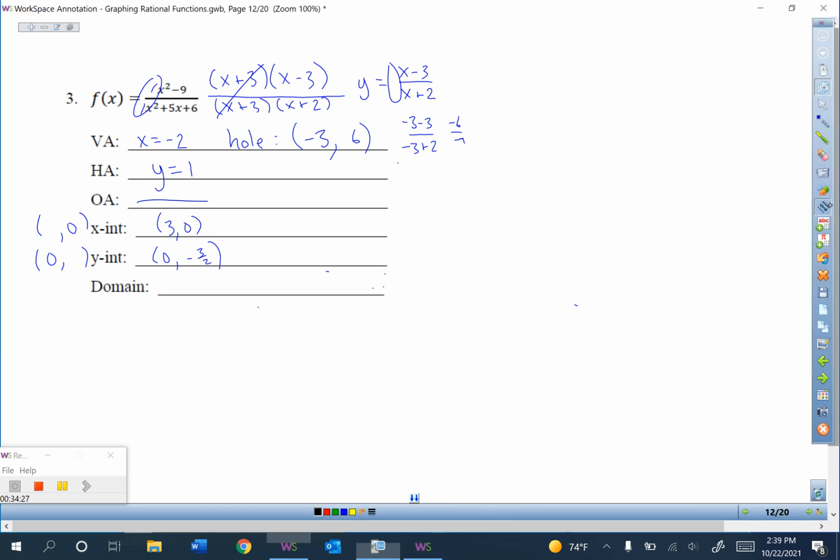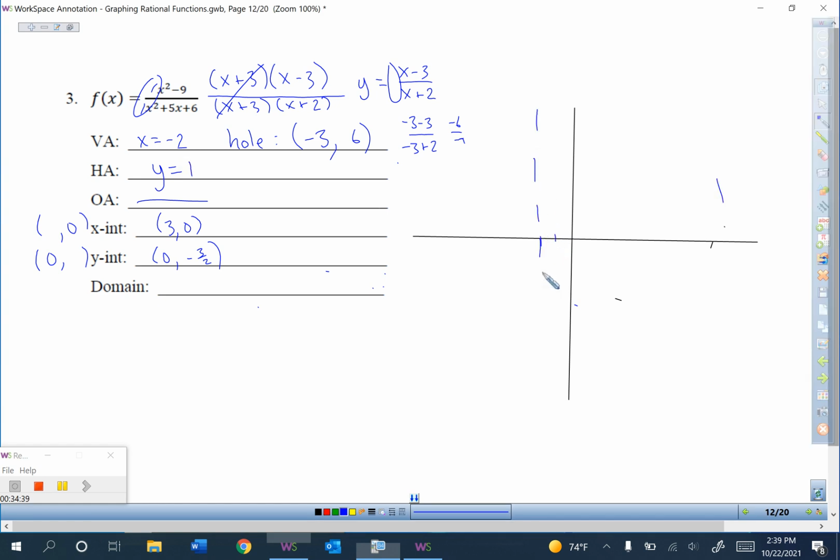We're going to graph now. Starting with x equals negative 2, labeled, and then putting on our y equals 1.